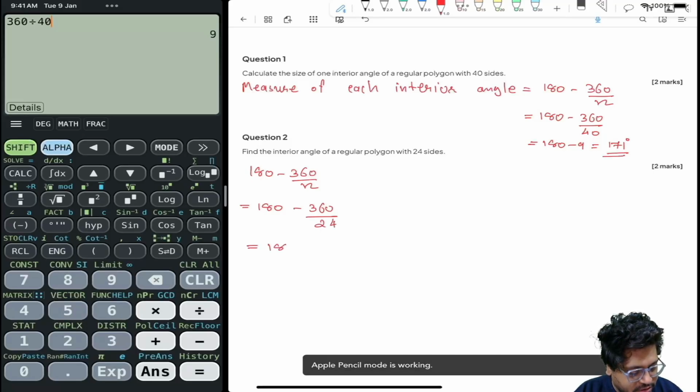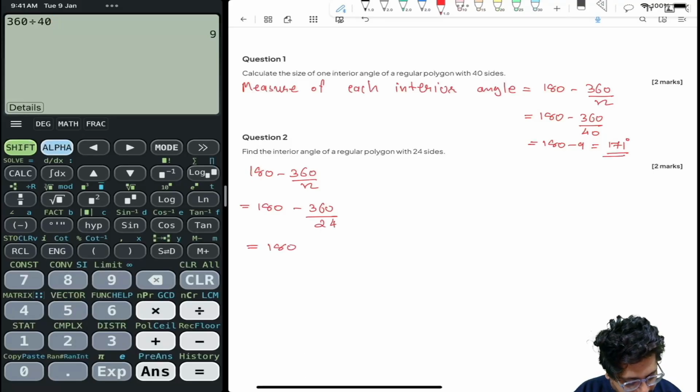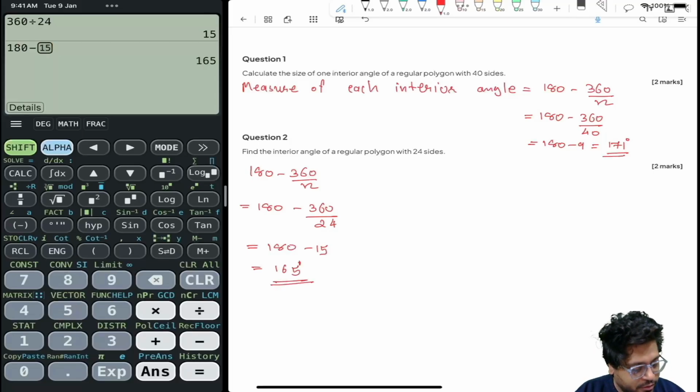Let's do 360 divided by 24. That's 15. So 180 minus 15 is 165. Clear?